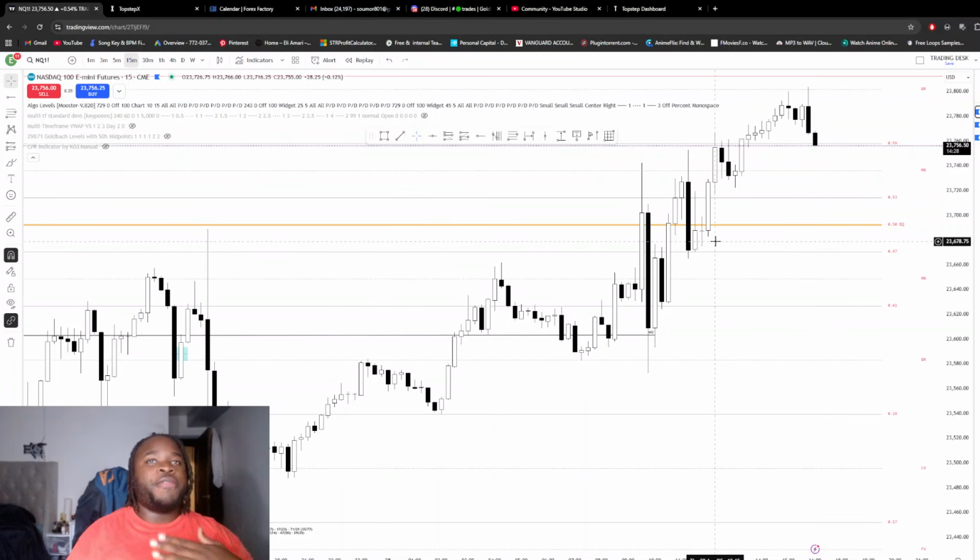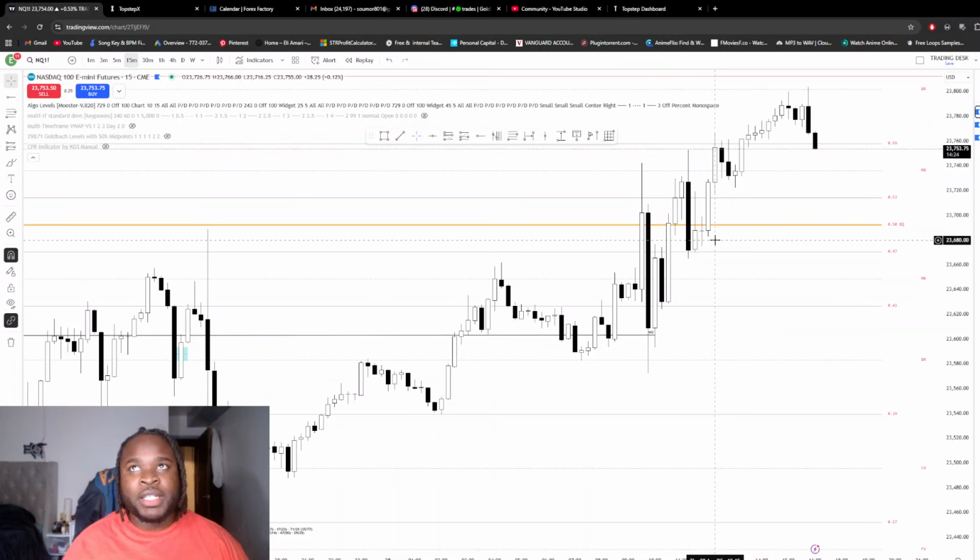So for me, I'm an intraday trader, so I lean specifically towards using the smaller PO3s like the 243, and every now and again I'll glance at the 729 to see on a longer term where and how the price is moving, right?